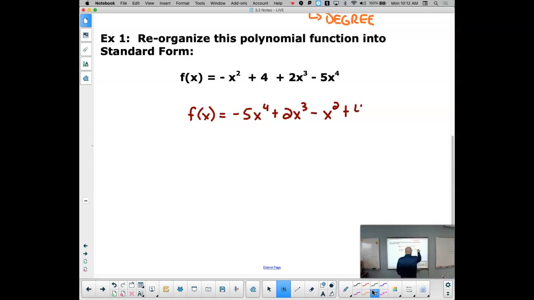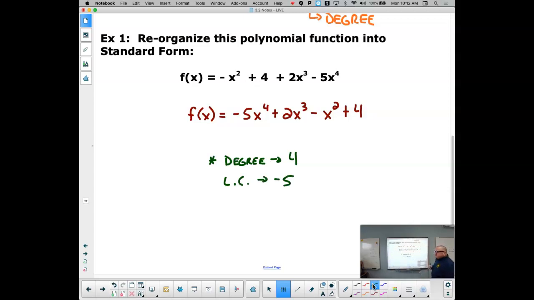Next one would just be the 4, the constant term. So that is it written in standard form. And just a side note on these, the degree here of this function would be 4, and the lead coefficient would be negative 5.